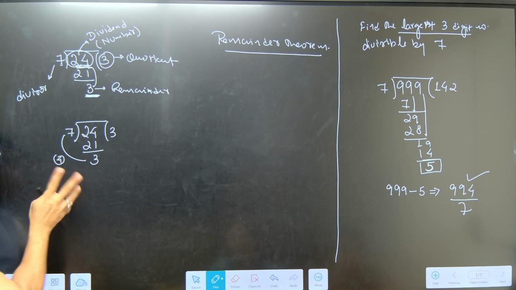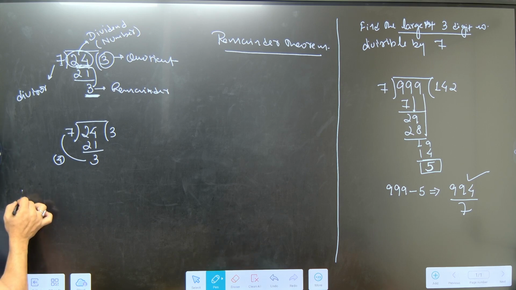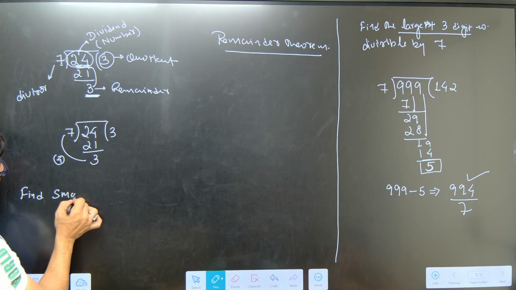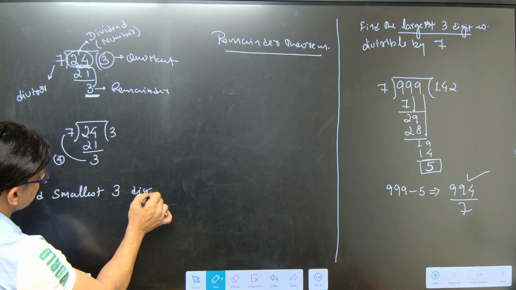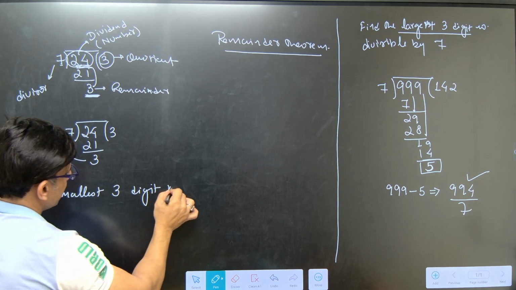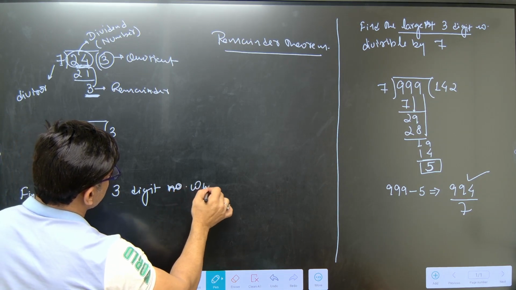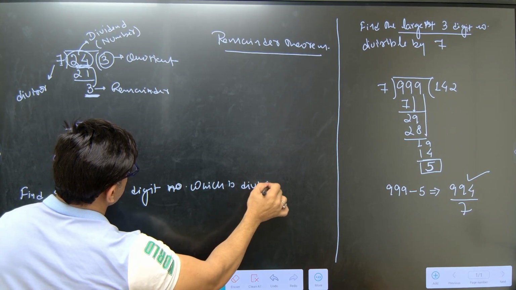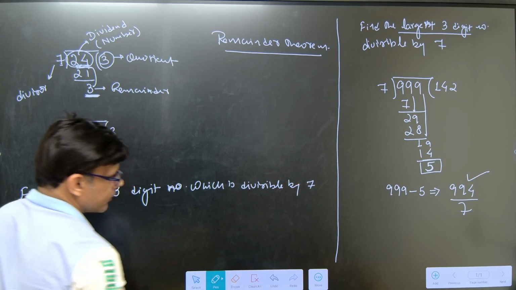So I'll frame another question, then you will understand this whole concept. Find the smallest 3-digit number which is divisible by 7.